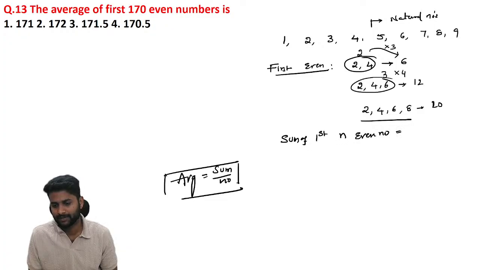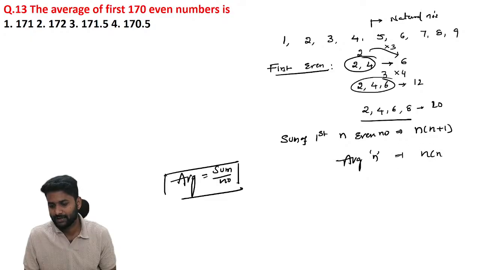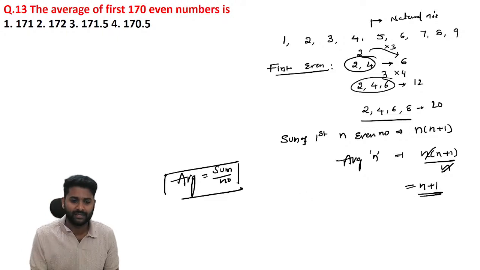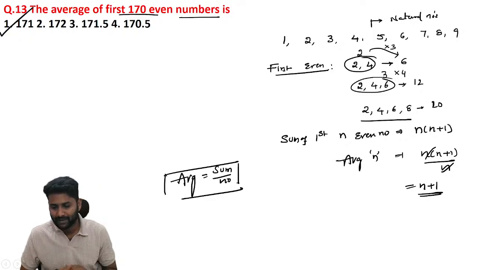even numbers, the formula is n into n plus 1. If you want the average of first n even numbers, n into n plus 1 divided by n, cancel, then the result becomes n plus 1. In the same way, the average of first 170 even numbers is 170 plus 1, equal to 171.